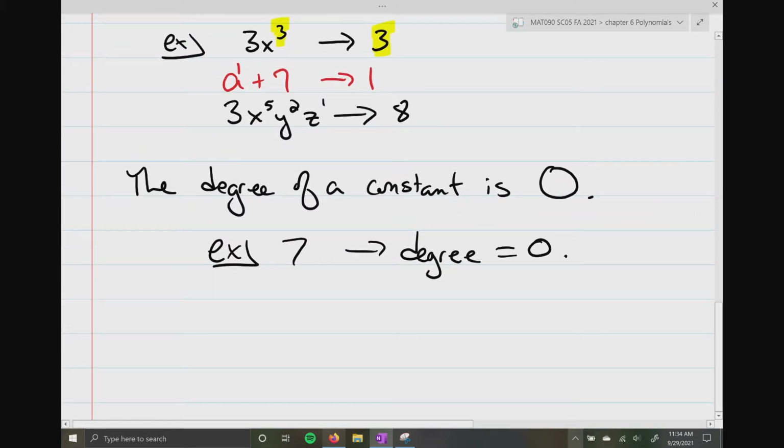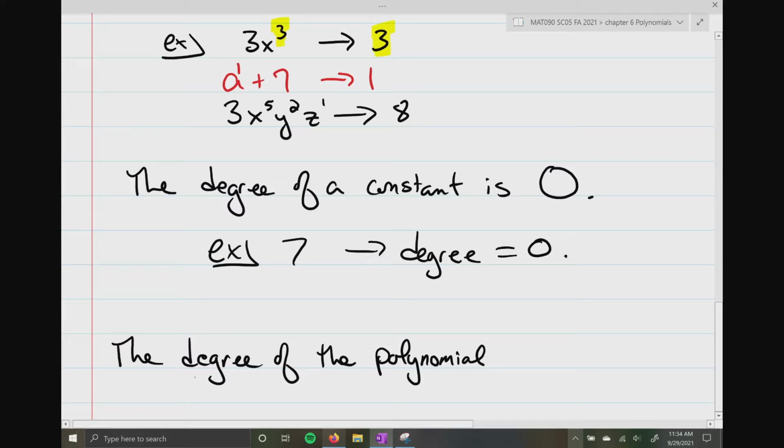Now the last one, you cannot confuse with the first rule. So the last one is the degree of the polynomial. So now we're not just looking at the individual term, we're looking at the entire polynomial as a whole.